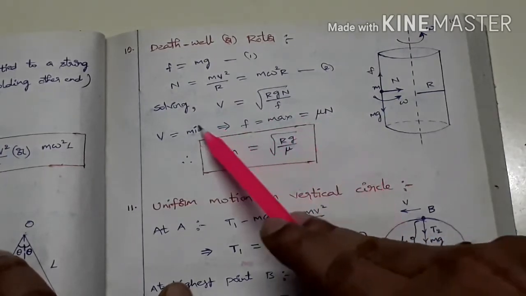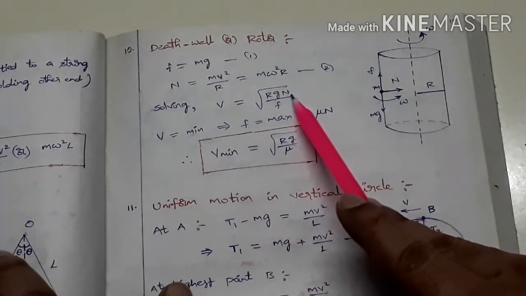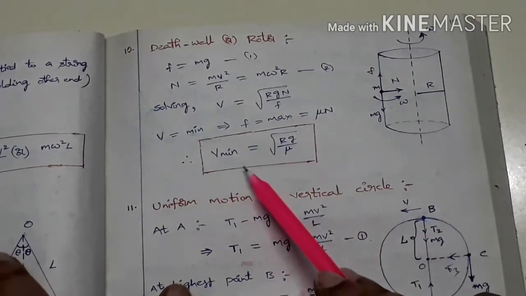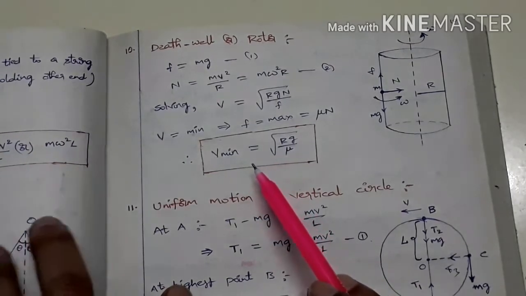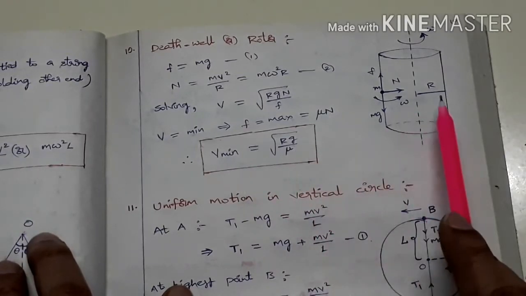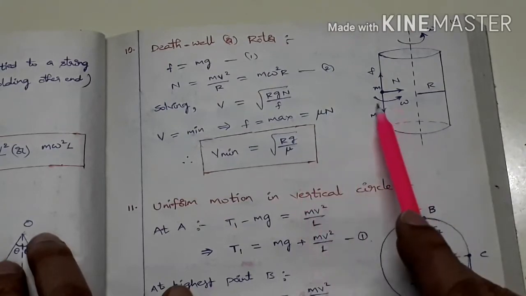Mu N. Therefore, F equal to mu N, N cancels here. So Rg by mu. So minimum safe value of velocity for the death well case is given as v minimum equal to root over Rg by mu. That is, it depends on the radius of the death well and depends upon the coefficient of friction of the walls of the well here.